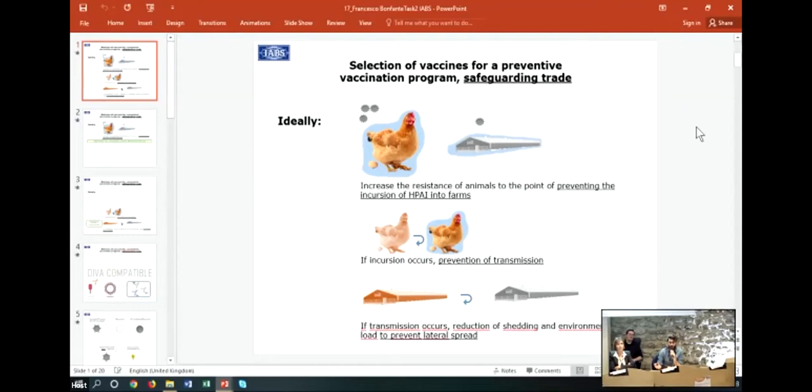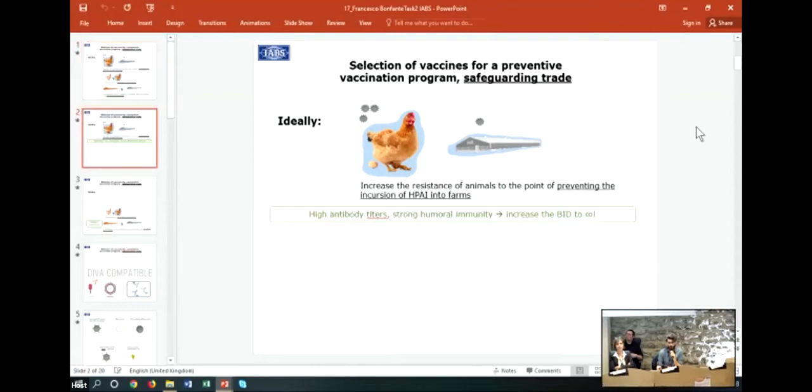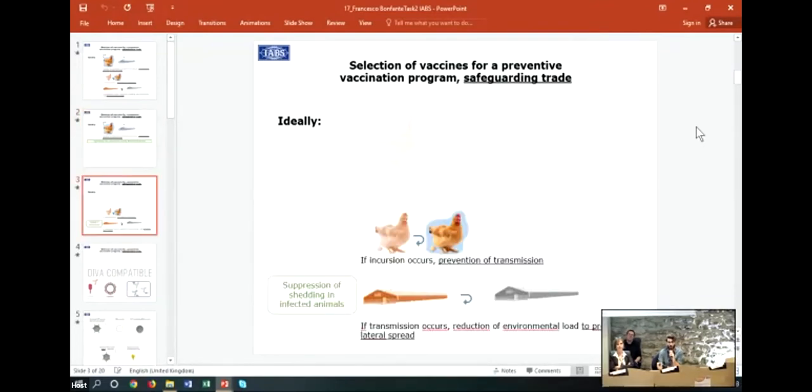So to do so, we're all very familiar with the concept of high antibody titers, strong humoral immunity, in order to increase the minimum dose that is required to infect animals. But we also want to look at the other aspect, which is effective vaccines for a strong suppression of shedding.